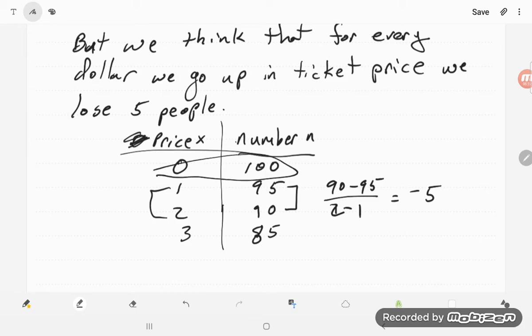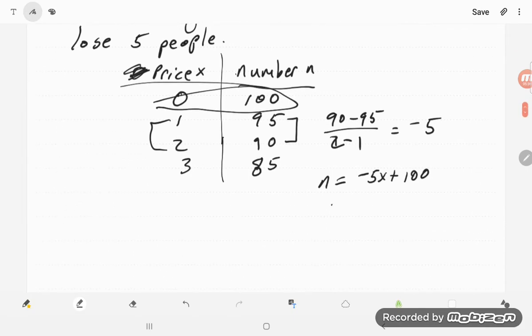And there's my y-intercept. And so what I see is that my N is minus 5x plus 100. Now, I'd rather write that as 100 minus 5x, but it doesn't really matter. But there is my number.